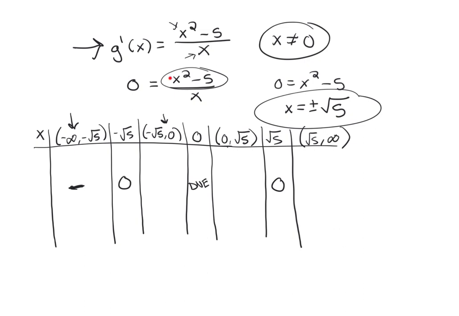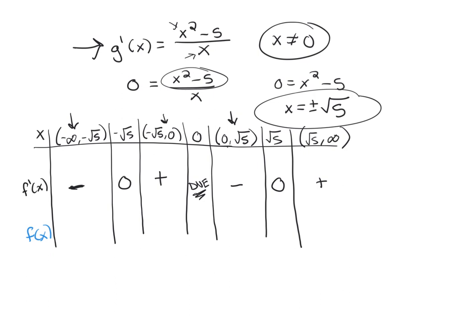We'll have a negative here and a negative here, which would make this positive. And then does not exist. If I'm looking at this interval, let's plug in 1. That'll be a negative over a positive, which would be negative. And then plug in a really large number, that would be positive.